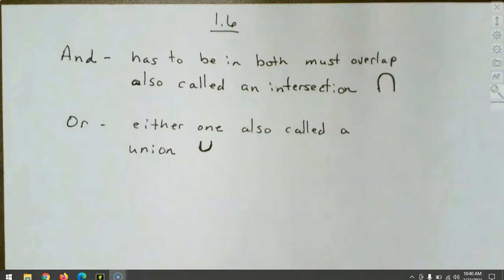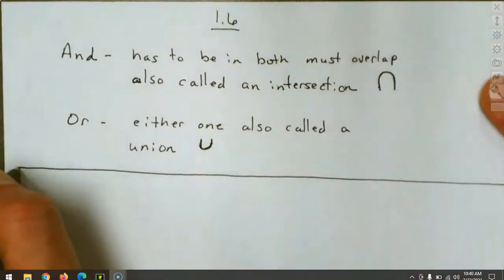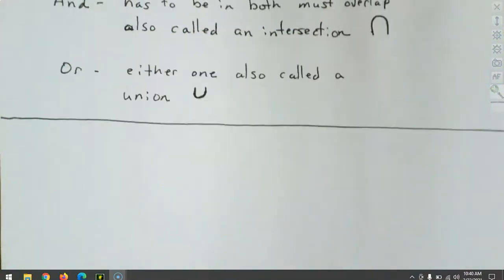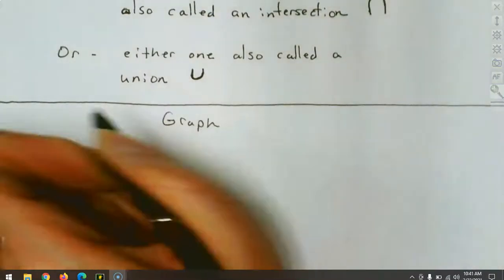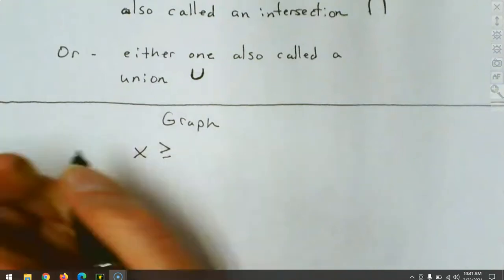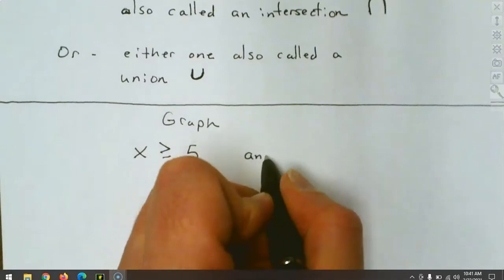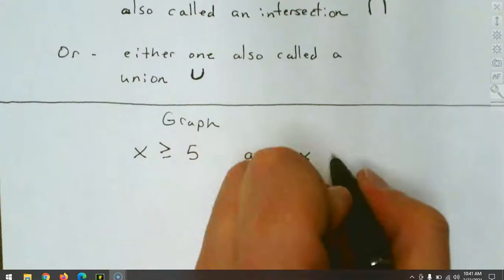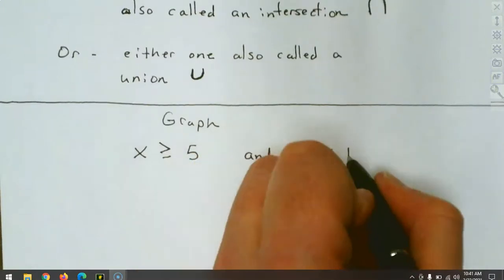So now we're going to graph a few of these, just to make sure we understand the difference between an and and an or. So let's graph this one. How about x is greater than or equal to 5, and x is, how about less than 12?